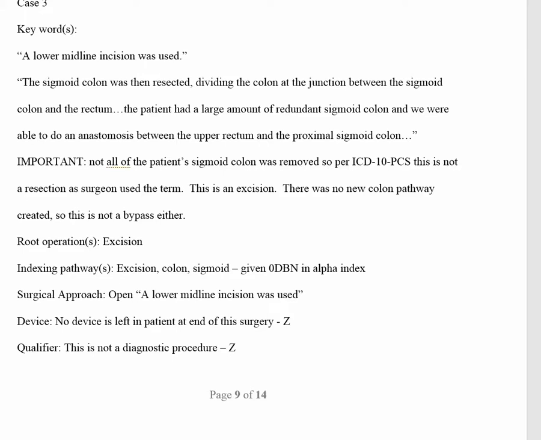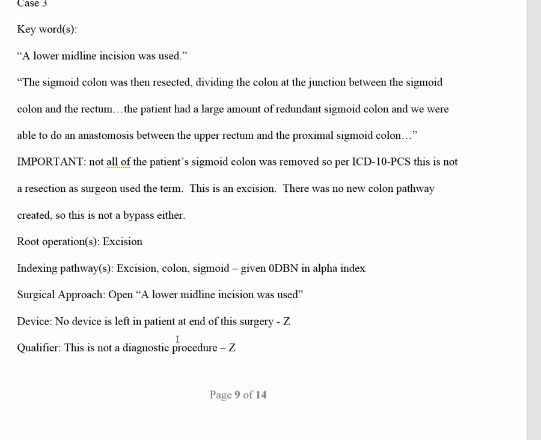We're given 0DBN in the alpha index of our ICD-10 coding manual. We move to the 0DB table. The next choice we have to make is surgical approach. In the clinical information, it states a midline incision was used. So they did an open procedure. They cut into the patient's abdominal wall and they did it totally open. It was not endoscopic at all.